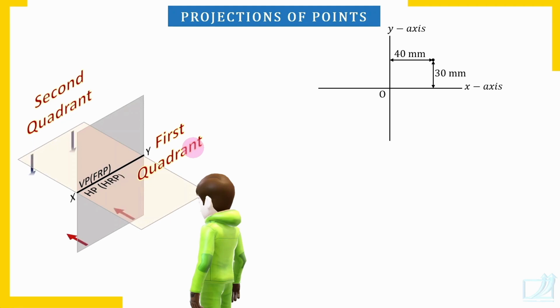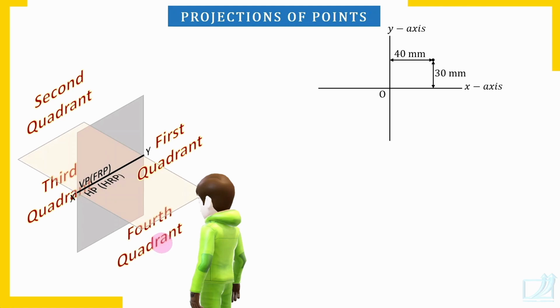The portion of space behind VP and below HP is considered as the third quadrant. And the portion of space in front of VP and below HP is considered as the fourth quadrant.